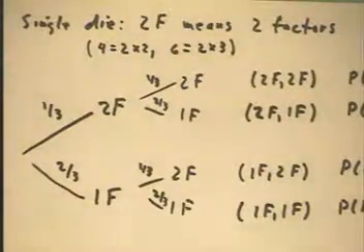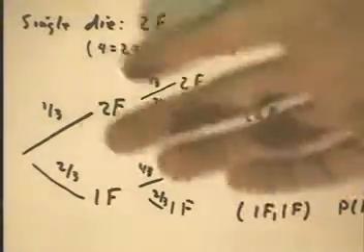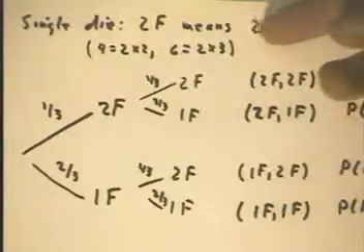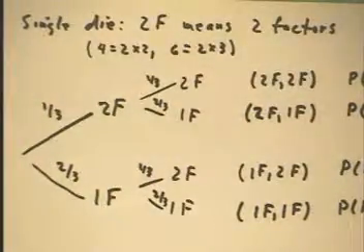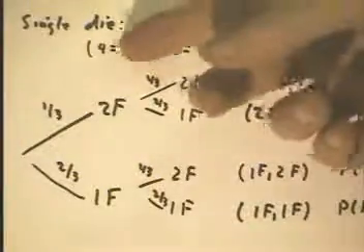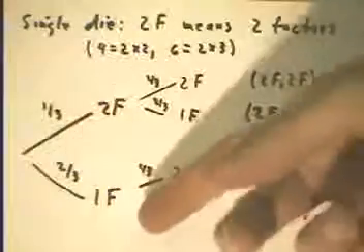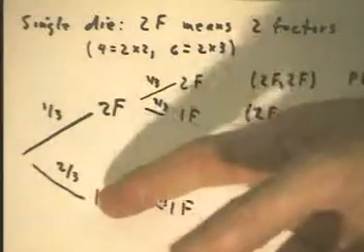Now let's say that we roll the die, and then we roll another one. We have two dice with the usual properties, but this is how we're going to judge them. So if we roll two dice, we can either get a two-factor number, which is 1/3, meaning either a 4 or a 6, or a one-factor number, 2/3, the probability of getting a 1, 2, 3, or 5.